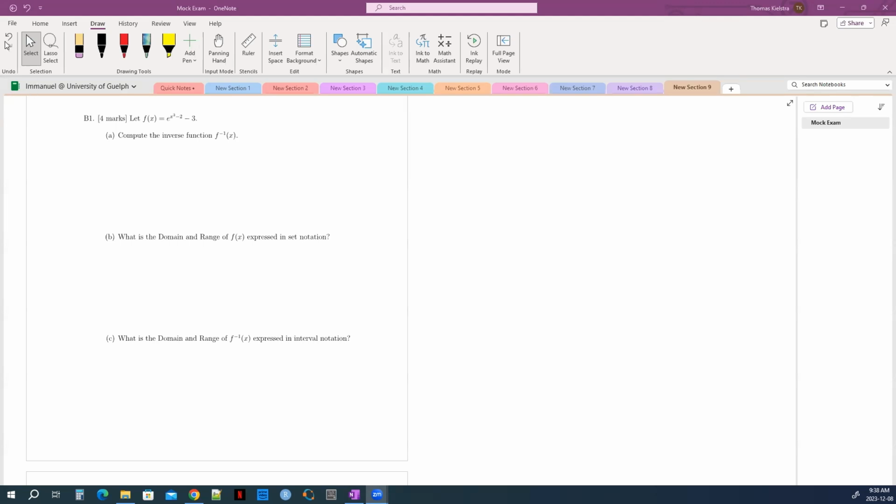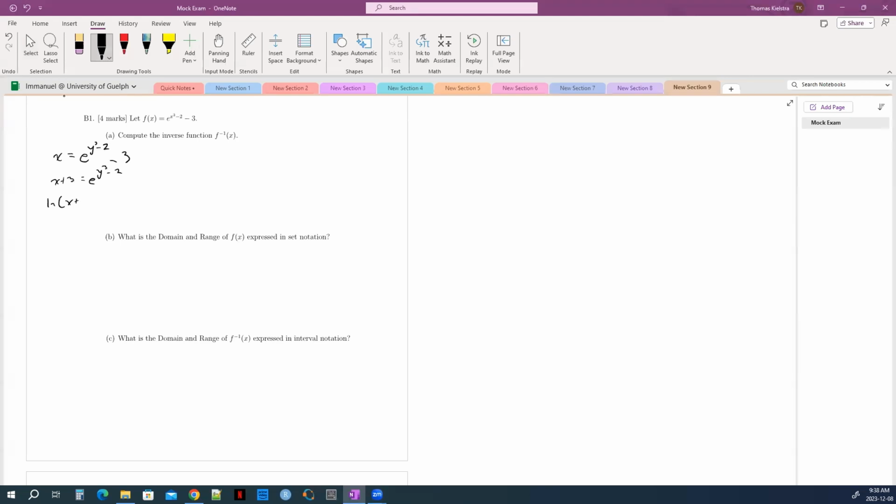To compute the inverse, we're going to let x equal e to the y cubed minus 2, minus 3, and we're going to solve for y. So x plus 3 equals e to the y cubed minus 2. Now we can take the ln of both sides.